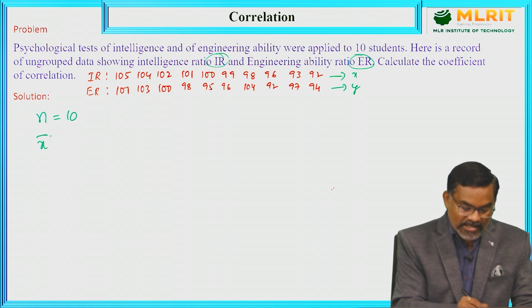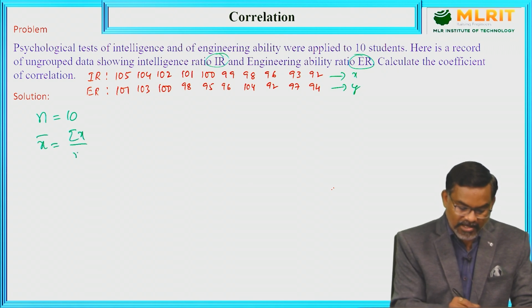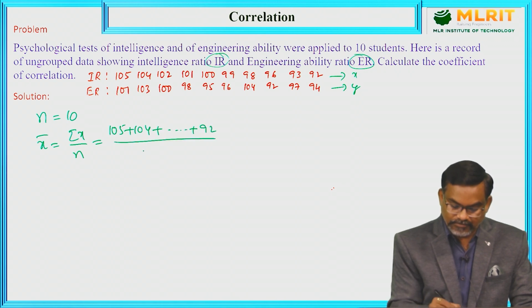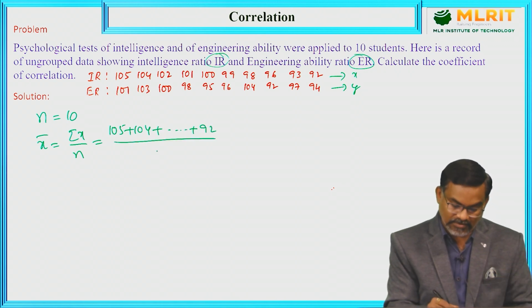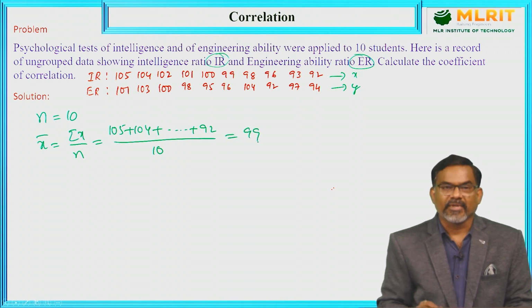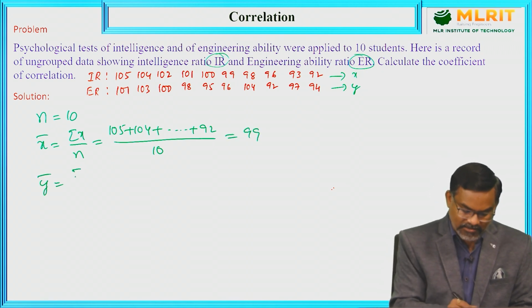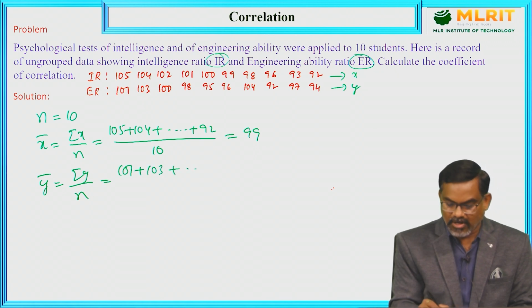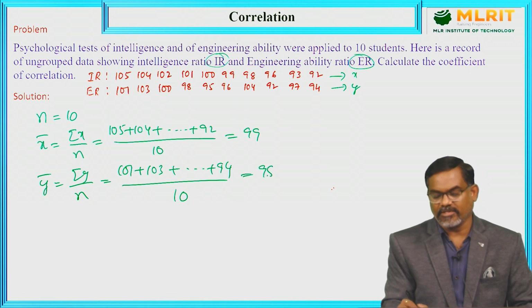Now, x bar is sigma x by n. So 105 plus 104 plus so on plus 92, divided by 10, which is 99. Similarly, y bar is sigma y by n: 101 plus 103 plus so on plus 94, divided by 10, which results as 98.